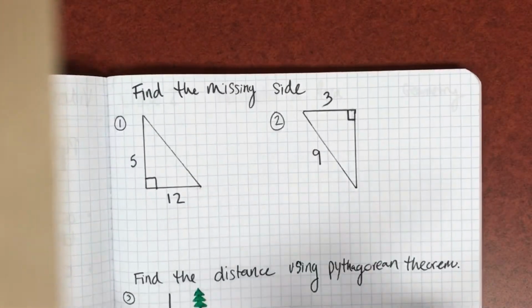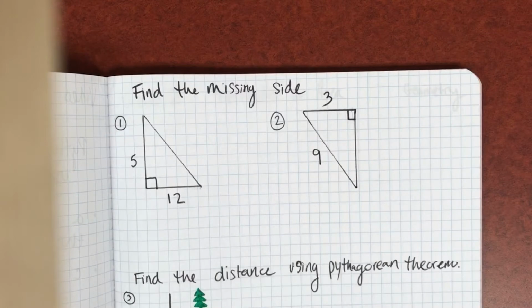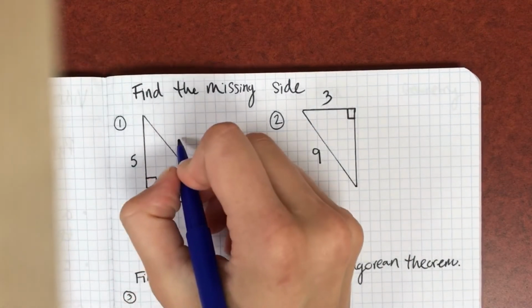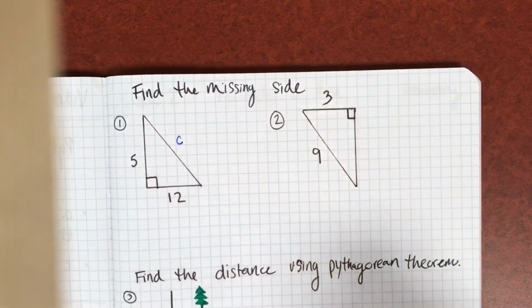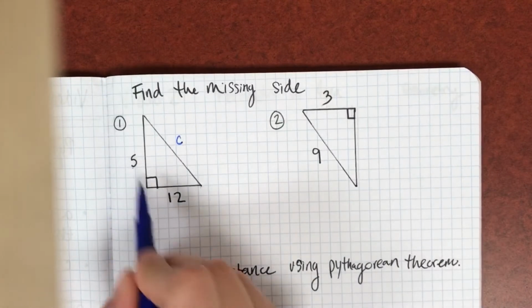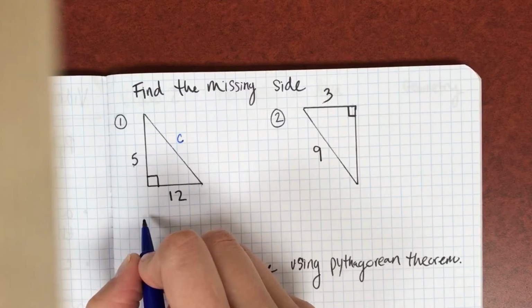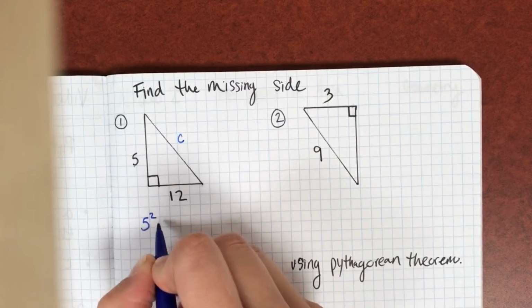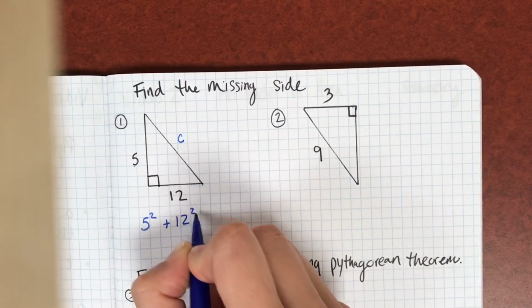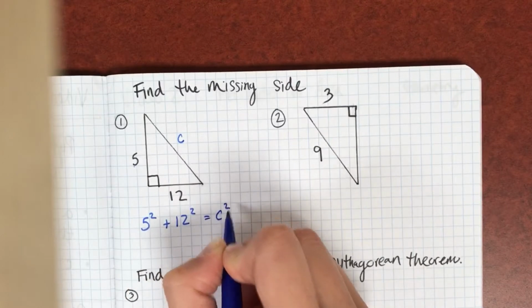All right, so for this first one, we're going to find the missing side, okay? So this is our longest side. We're going to label this C, and it doesn't matter if this is A or B, all right? So we're going to go ahead and get started. So this is 5 squared plus 12 squared equals C squared.